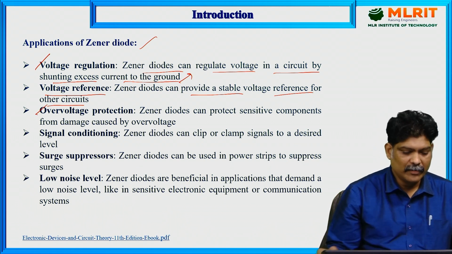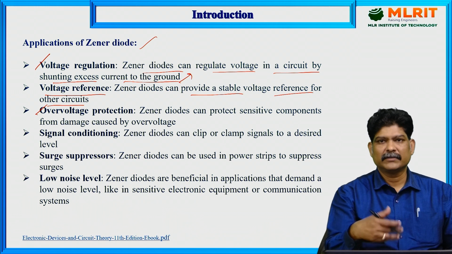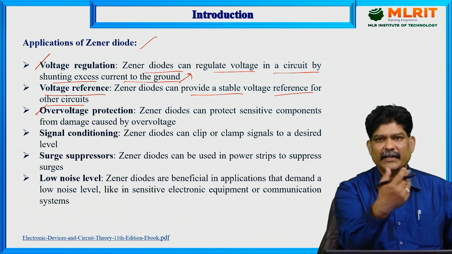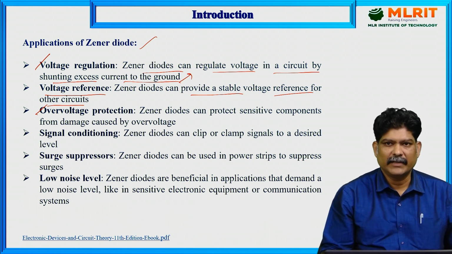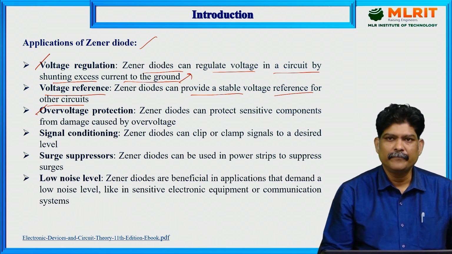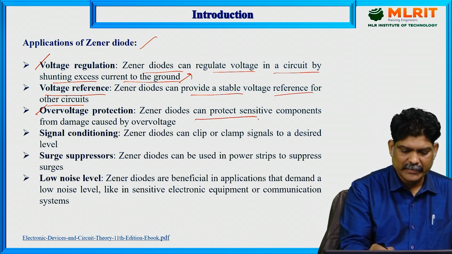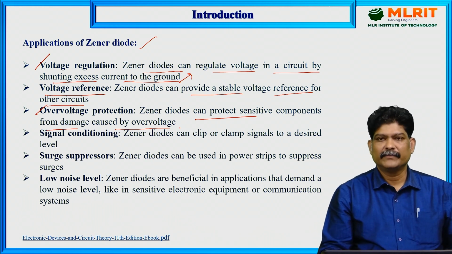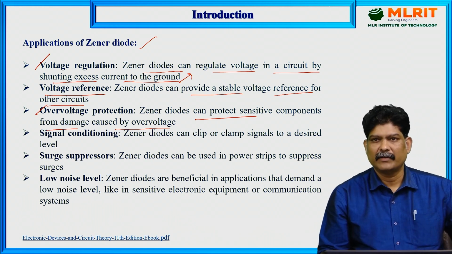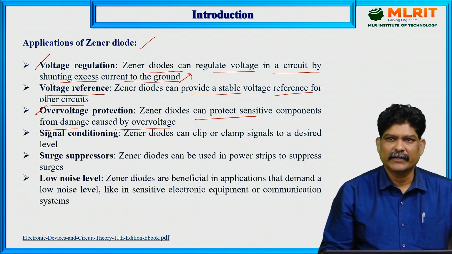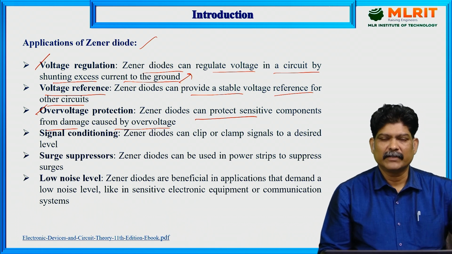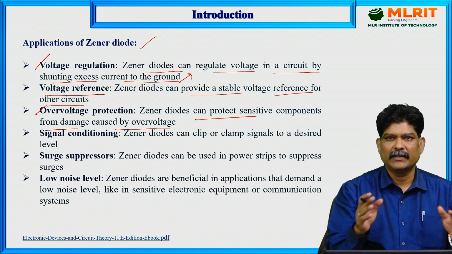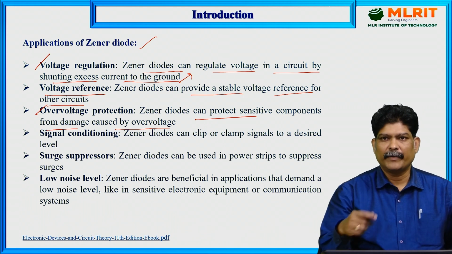Next, overvoltage protection. Because the Zener diode maintains a constant output, any excess voltage is blocked by the Zener diode. Zener diodes can protect sensitive components from damage caused by overvoltage. For domestic purposes we get 230 volts, and from that we have to utilize it properly for specific gadgets, particularly DC operating gadgets.